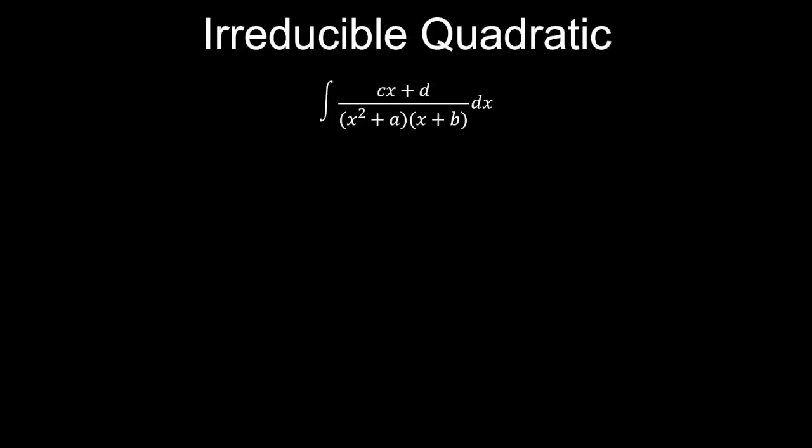We have a rational polynomial function where the degree of the polynomial in the numerator is smaller than that in the denominator, but we have an irreducible quadratic factor in the denominator. So we can use partial fractions to simplify the integrand as follows.